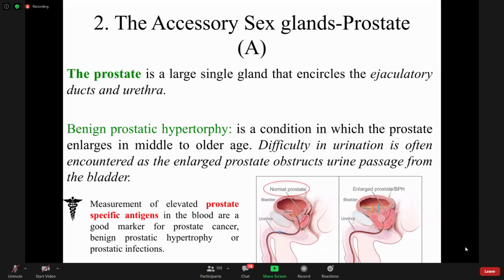This can be reversed by taking, let's say, prostate-specific antigens, which is going to lead to the dissipation of the swelling of the prostate gland.